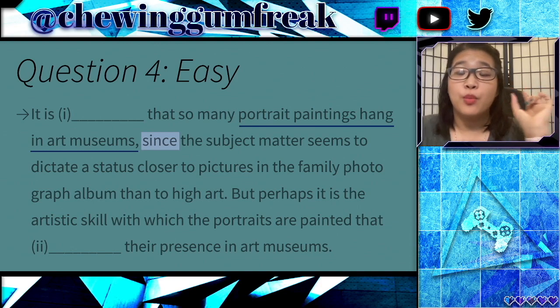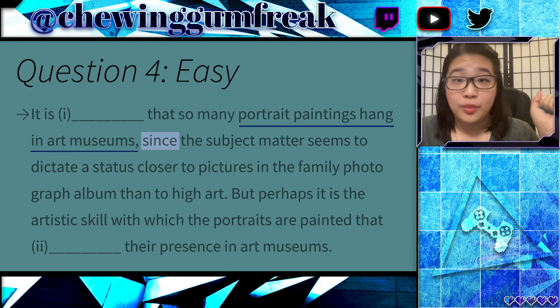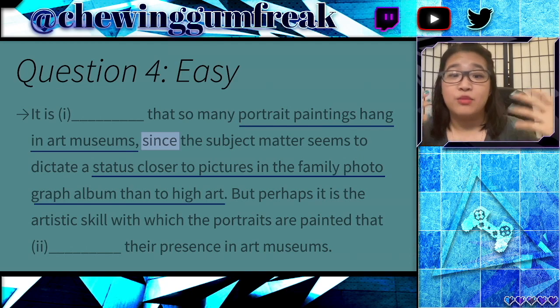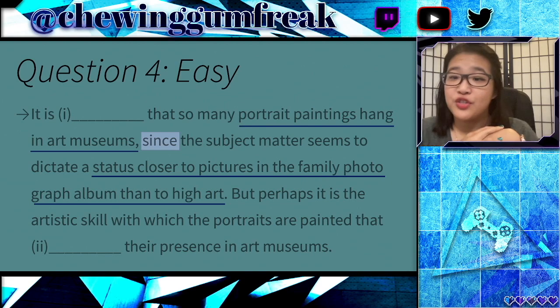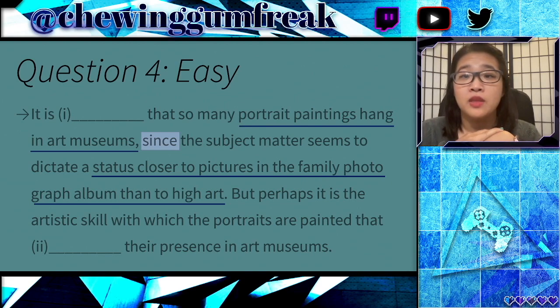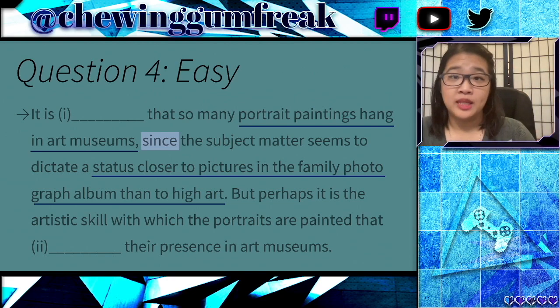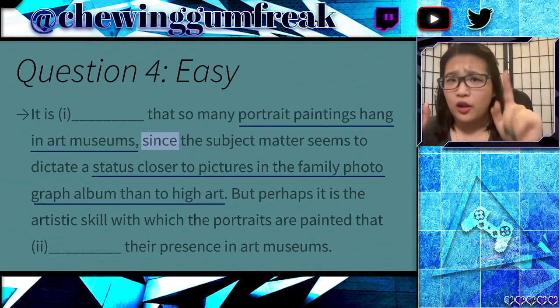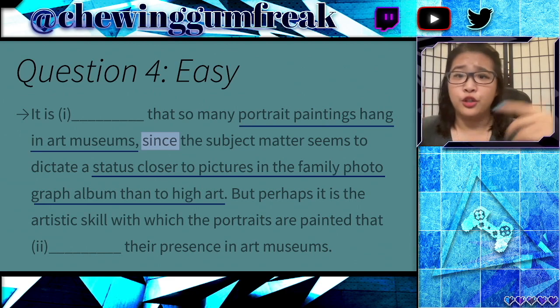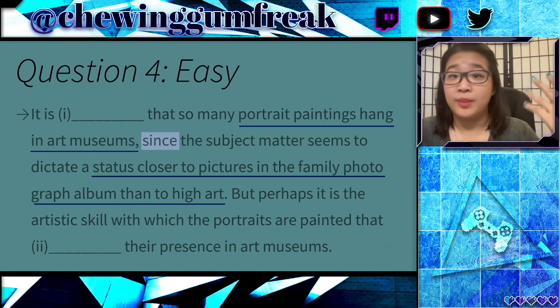So we have the portrait paintings hanging in art museums and the subject matter dictating a status closer to pictures in the family photograph album than to high art. So the portrait paintings hang in art museums, and they also seem to have a status closer to pictures in a family photograph album rather than the high art that you might normally see in art museums.